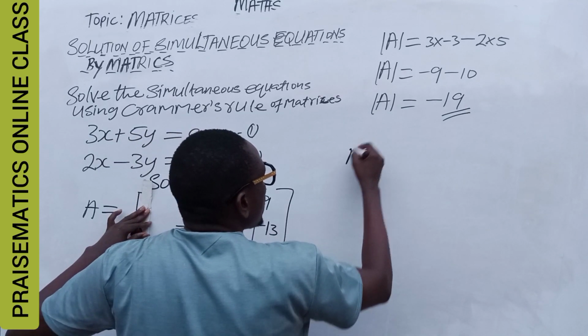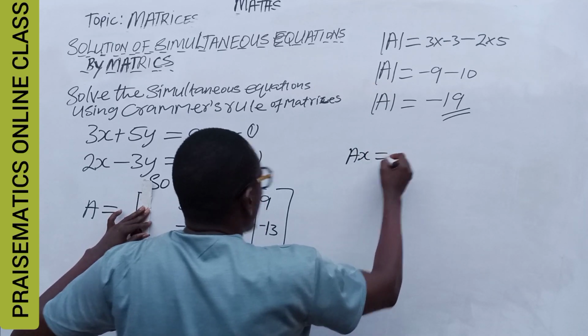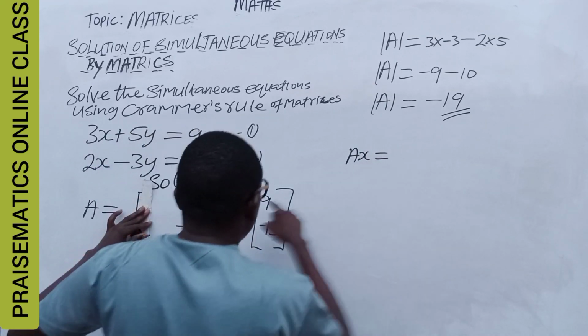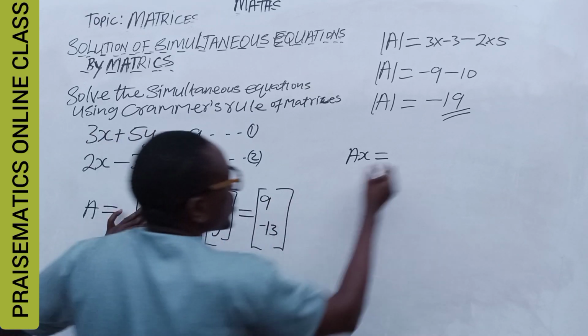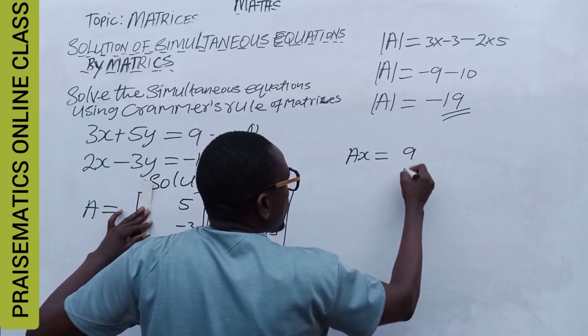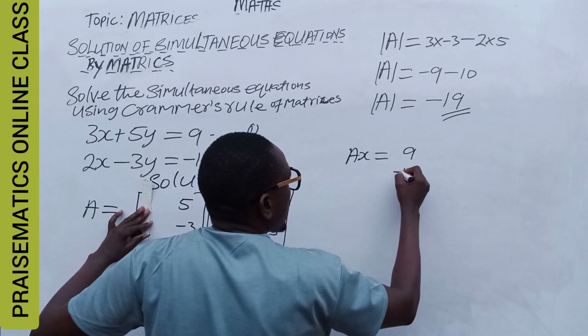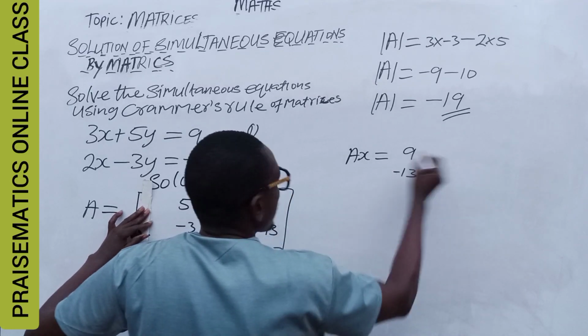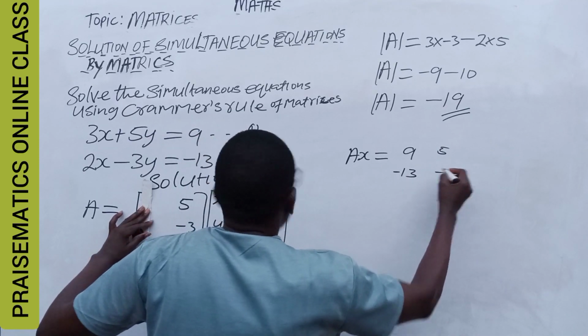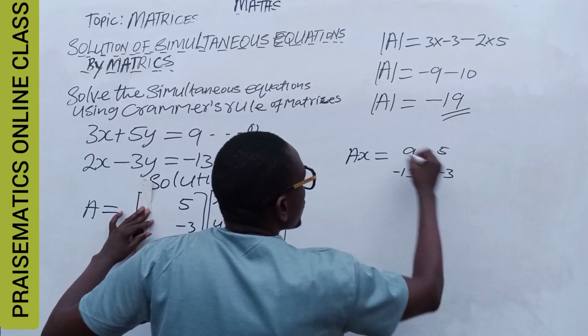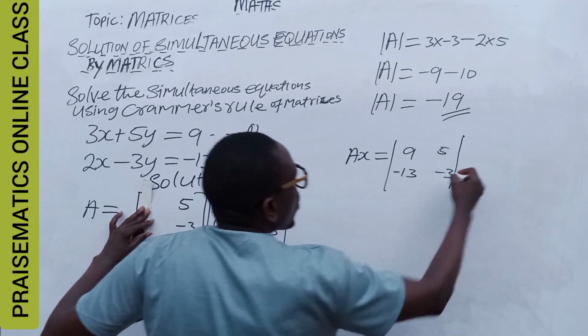So we have AX is equal to 9, -13, 5, -3. So that is what we have.